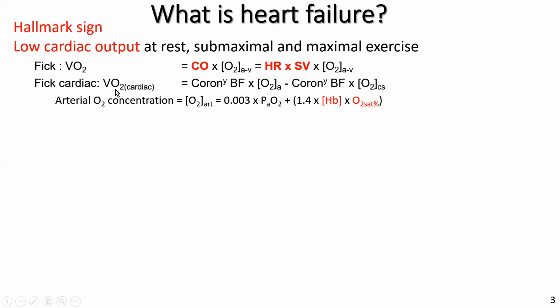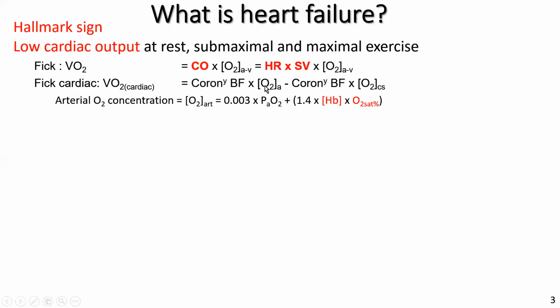There's also a cardiac version of this Fick formula, and I'm not going to talk about it in this video, but I've spoken about this in numerous other videos you can find in my YouTube channel. Coronary artery blood flow times O2 arterial minus coronary artery blood flow times O2 sinus.